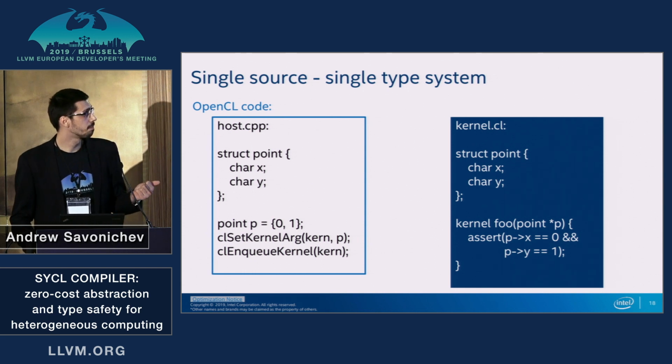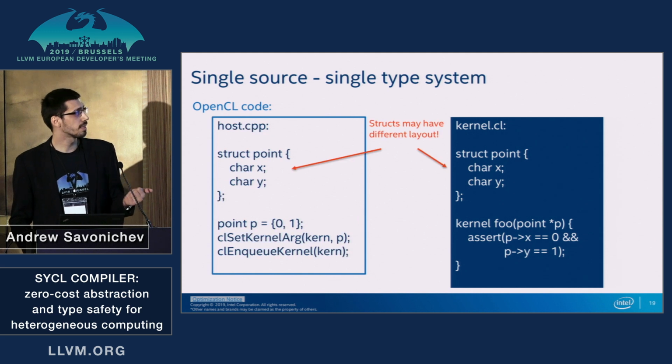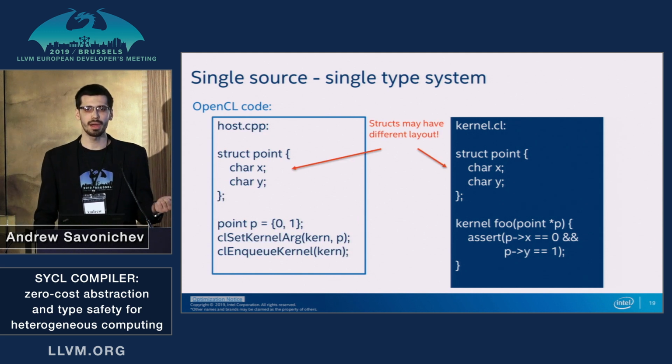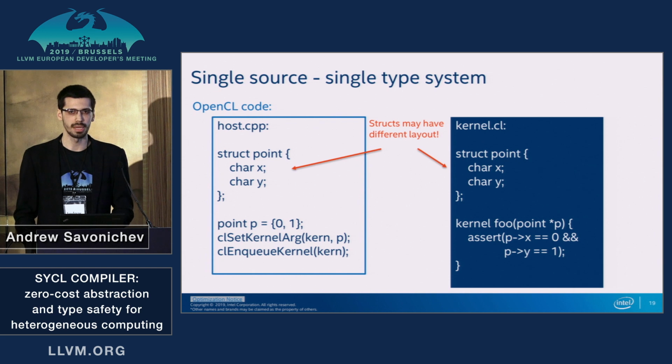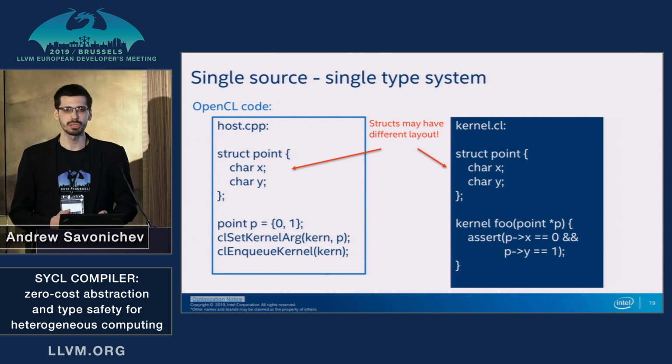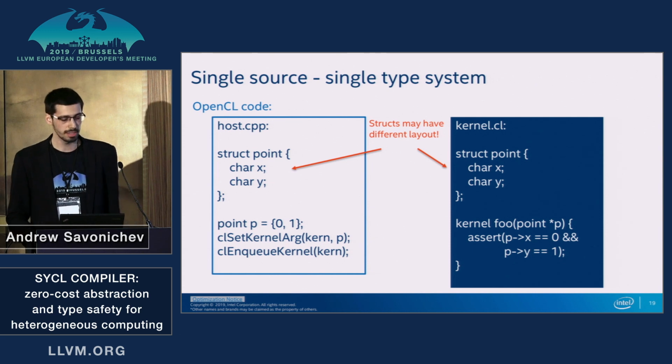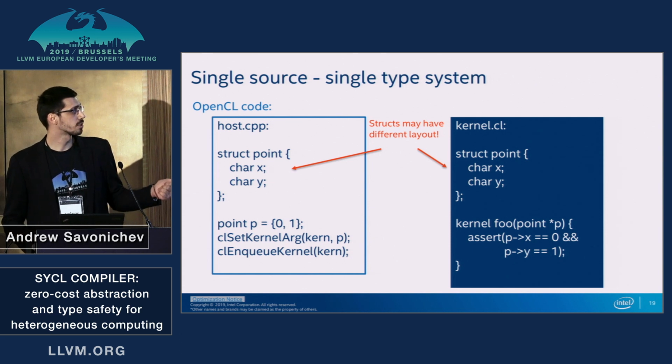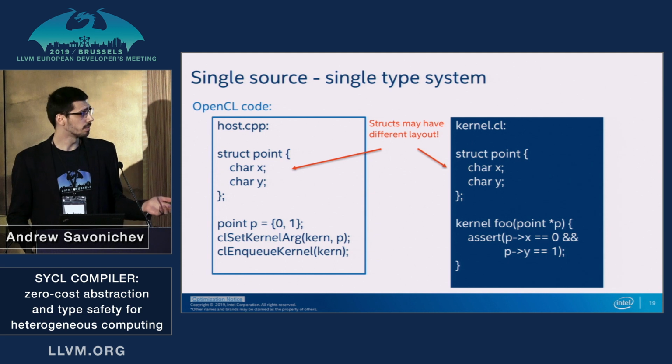And the reason behind this is that we have two compilers. One compiler compiles the host, another compiler compiles the device. They have different, even LLVM versions. One may not be LLVM based at all. They make different decisions on what layout of the structure to make. So it's undefined. And if you try to do this trivially, it will not work.